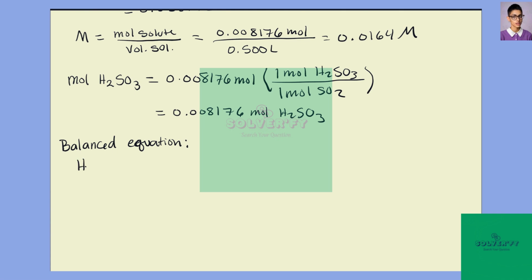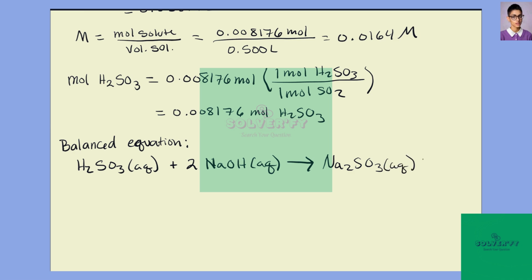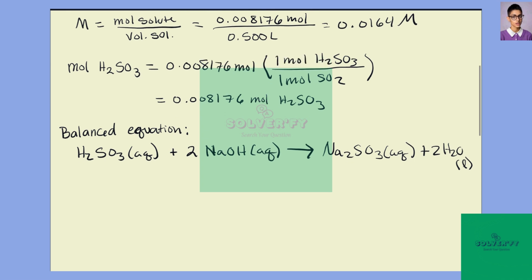We're going to have H2SO3, aqueous, plus 2 NaOH, also aqueous. And our products are going to be Na2SO3 aqueous plus 2H2O, and H2O will be liquid. So that's our balanced equation for the titration.